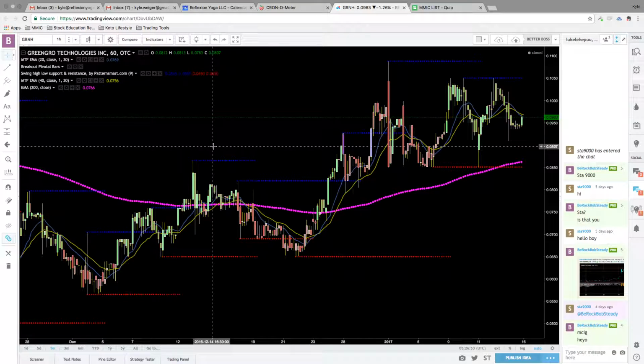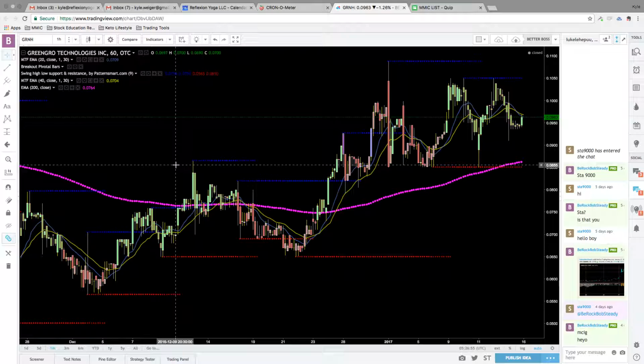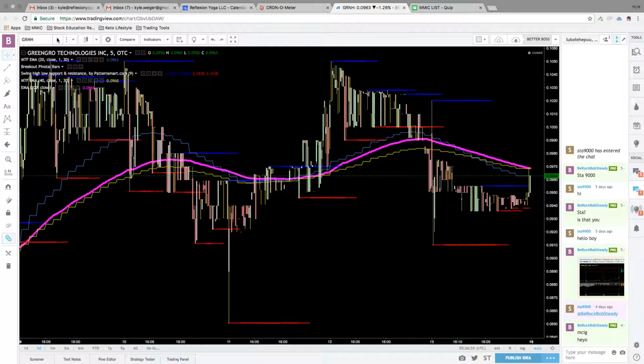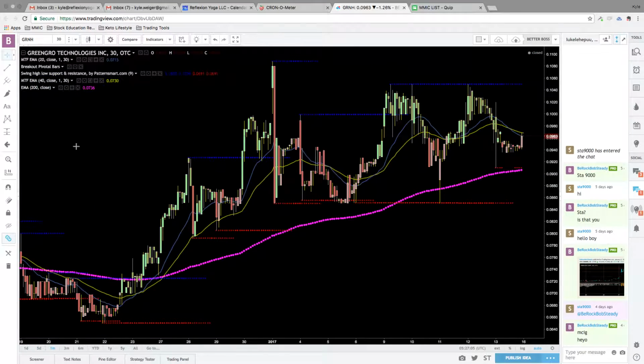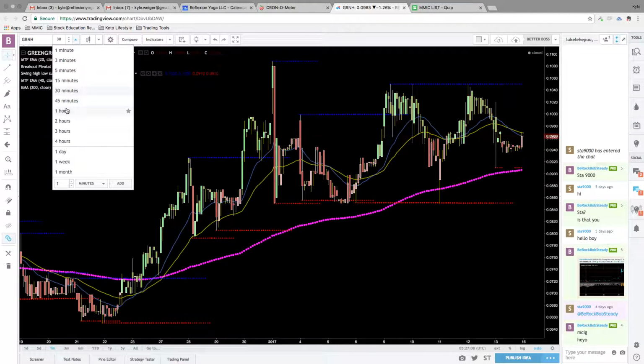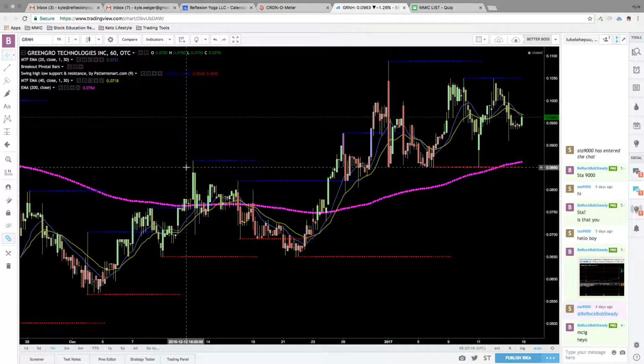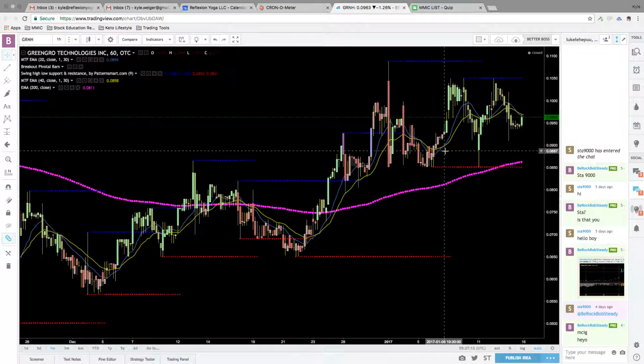I don't know why TradingView does this, but when you break it down to, for example, the 5 day, it puts it into 5-minute intervals. I don't really care about 5-minute intervals. I care about trends. So let's go back to the 1 month, and I'm going to switch this from 30 to the hourly. Okay, and what I'm looking for is the most recent resistance. And all these charts are, of course, going to read left to right.